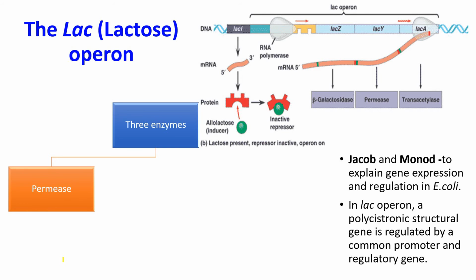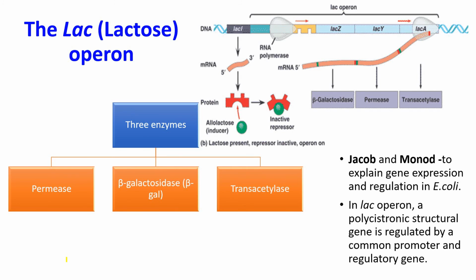Because we have 3 structural genes doing related functions, and these structural genes are regulated by a common promoter and regulatory gene. The 3 enzymes produced by the lac operon structural genes are permease, beta galactosidase, then transacetylase.